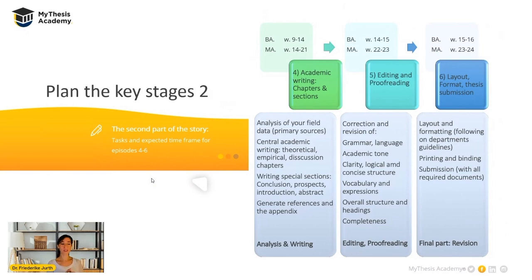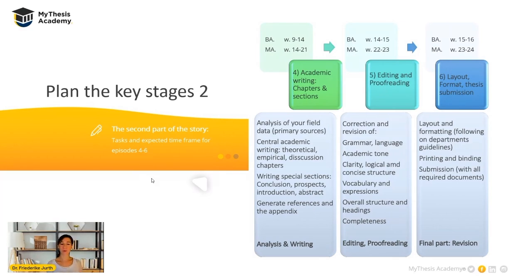Now we are going over to the second half of the key stages. So now that we are leaving the fieldwork and the practical data collection, we are starting with the analysis and the process of academic writing. So the writing of your chapters and your sections.